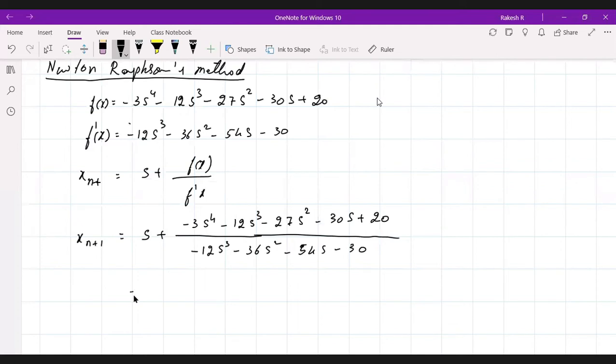For this, I want everyone to substitute this in your calculators. Substitute s as x.